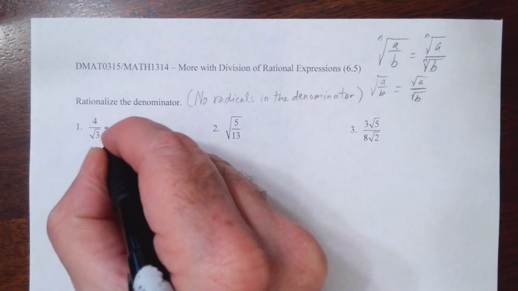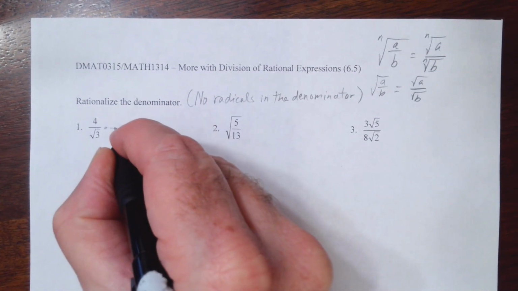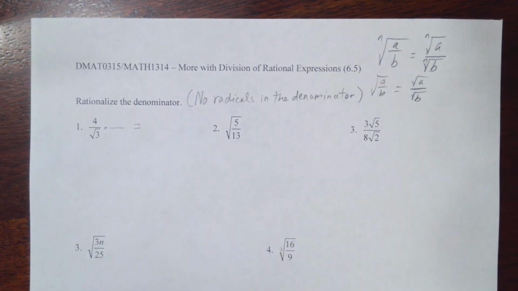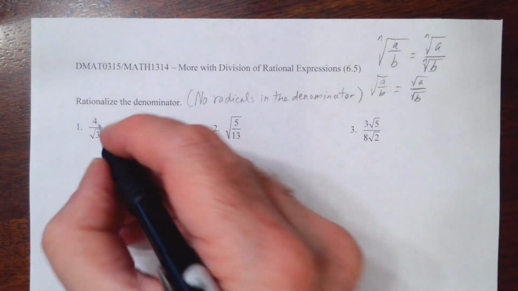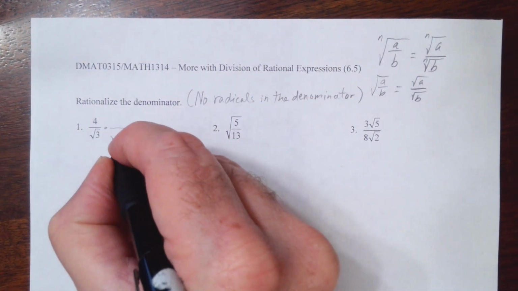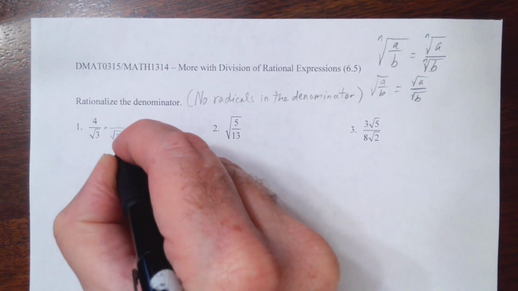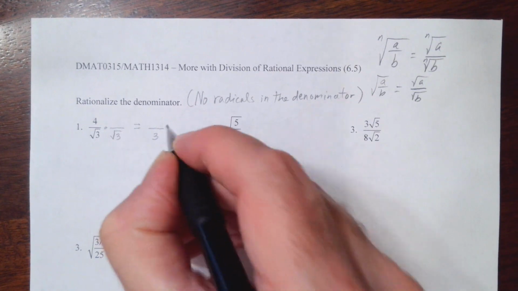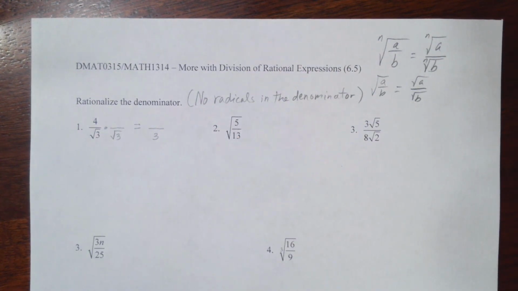So there's a little trick that we can use, and we've done this kind of thing before, like when we add fractions. We multiply by some number that's equal to 1 to accomplish what we want to accomplish. Now we know that to get rid of the square root of 3, if we actually multiply by the square root of 3, that'll give us 3. And so we just got rid of the radical in the denominator.